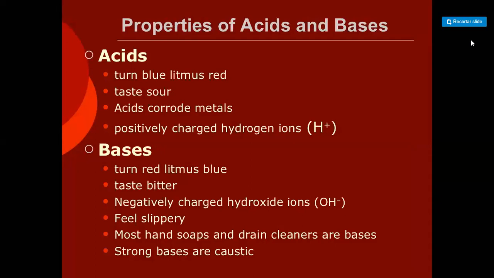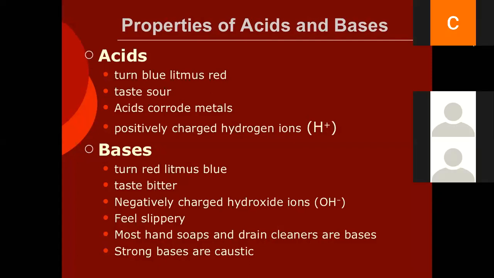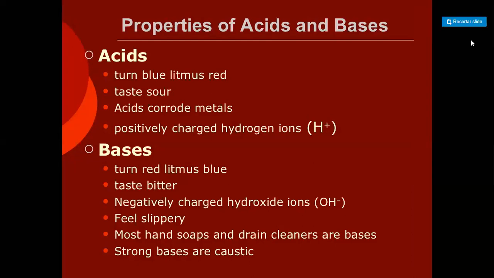Now, properties of acids and bases. Acids turn blue litmus red. They taste sour. They corrode metals, and they produce positively charged hydrogen ions in solution, which again combine with water molecules to give the hydronium ion.